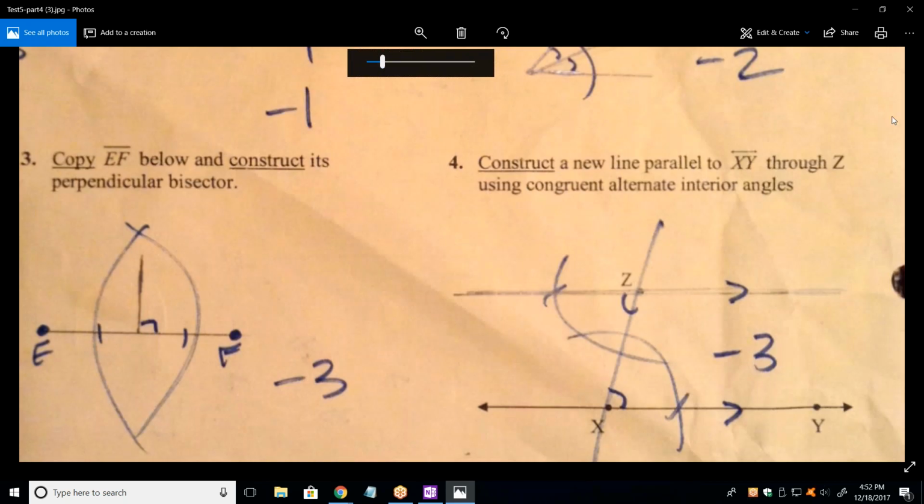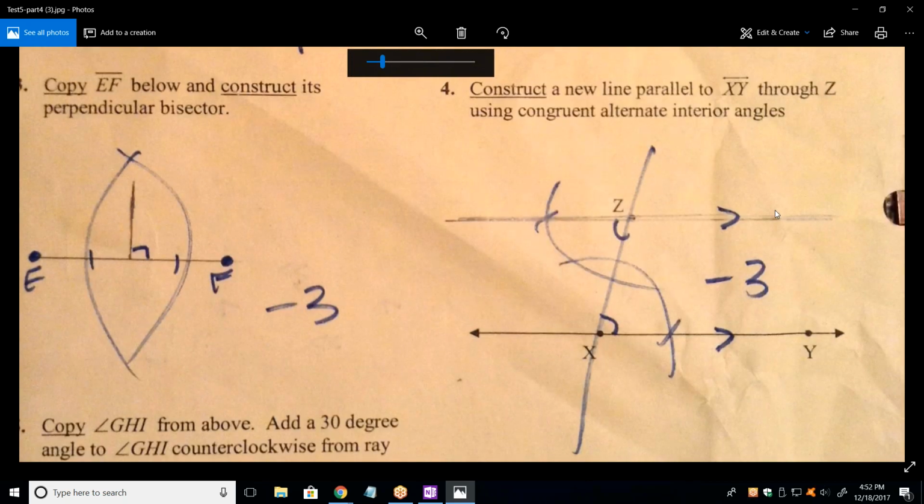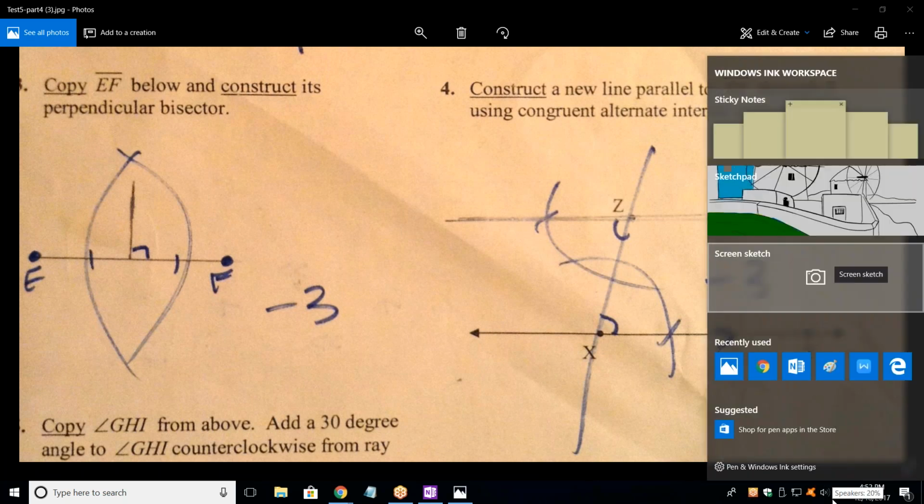Number 4. We just barely talked about this the other day. Here's what I'm going to do. I described it, but perhaps not very well.